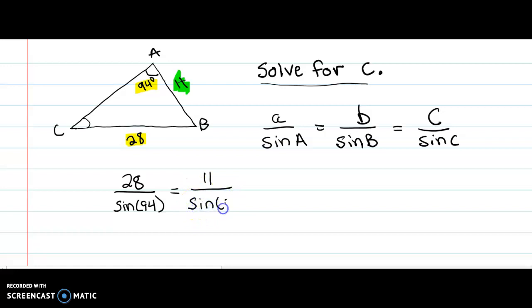We don't know the sine of c. Okay. Now we want to solve for c. So the easiest way is we're going to cross multiply. If we cross multiply like that, we're going to get 11 times the sine of 94 is equal to 28 times the sine of c.